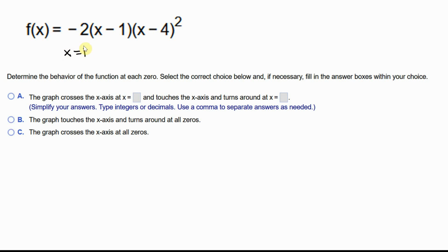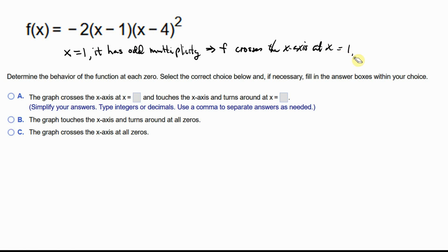We know that at x equals 1, it has odd multiplicity. Remember, that's acting like x to the third, so that means it crosses. So this implies that it crosses the x-axis at x equals 1.